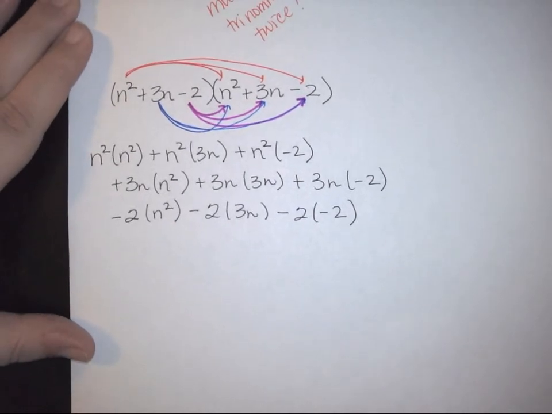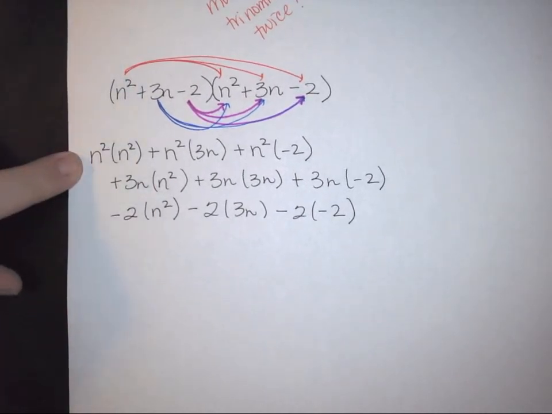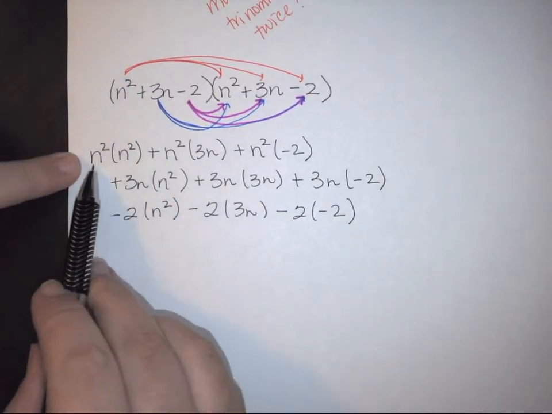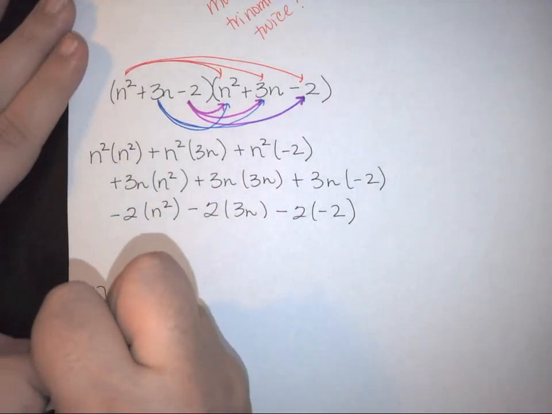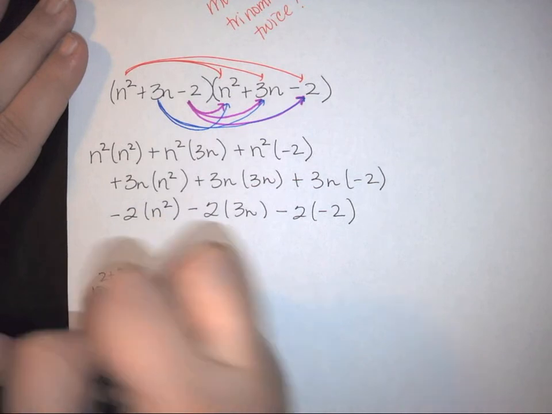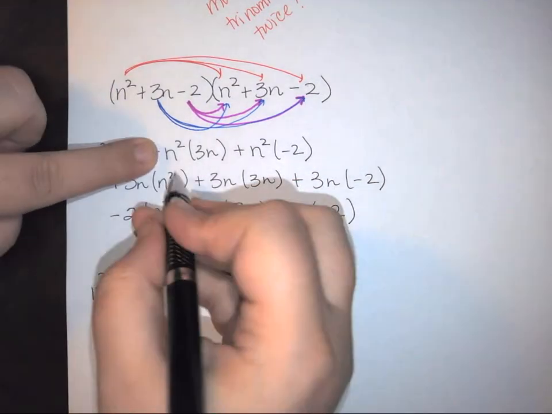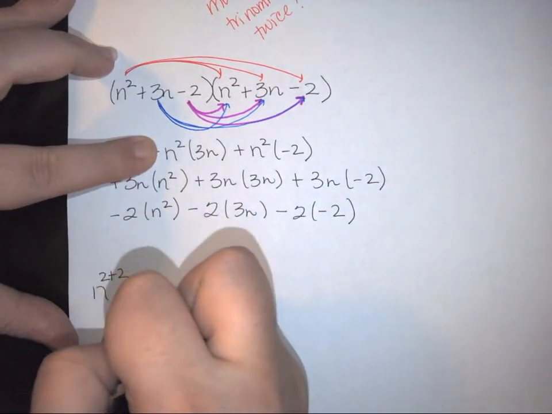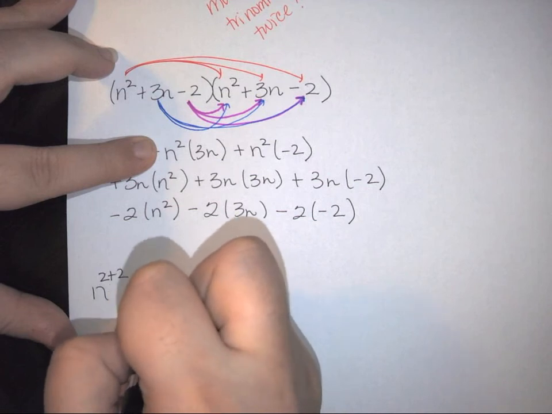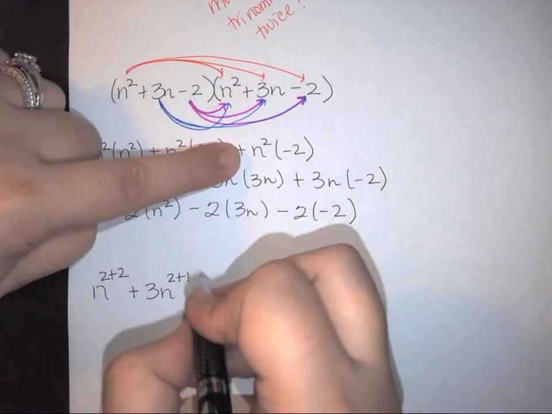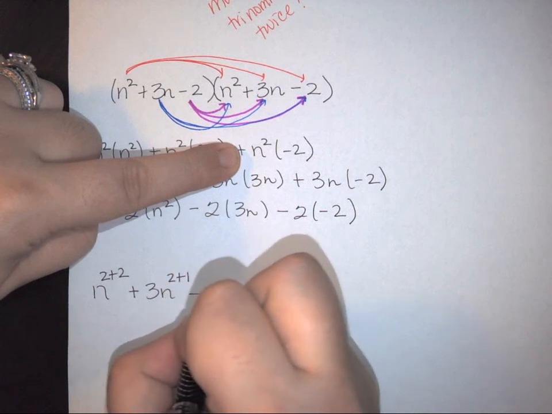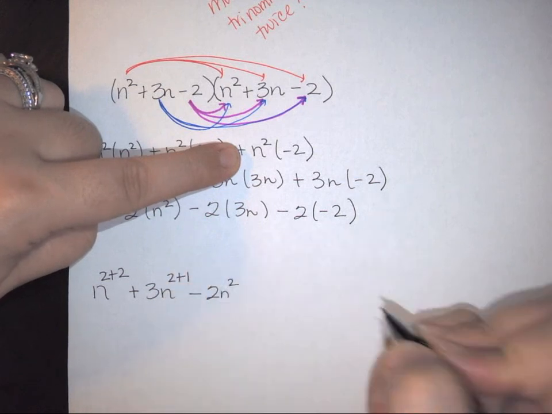Now everything is just the same. Combining your terms and simplifying it down. So I have n squared times n squared, so this is going to be n to the 2 plus 2. I then have n squared times 3n, so this is plus 3n to the 2 plus 1. N squared and negative 2 gives me a negative 2n squared.